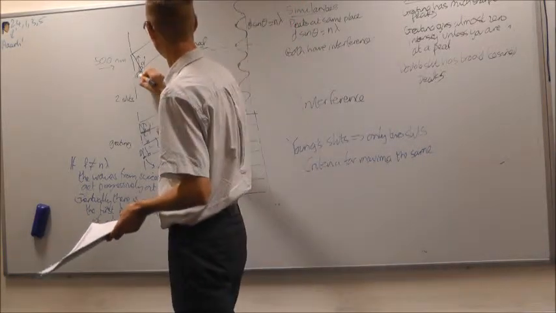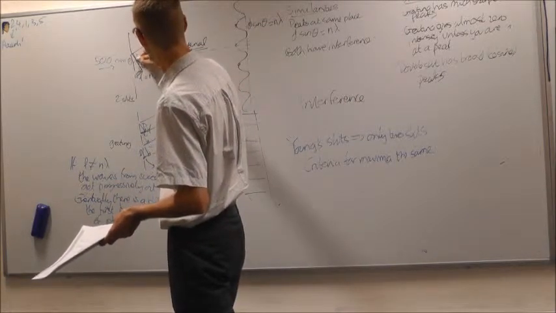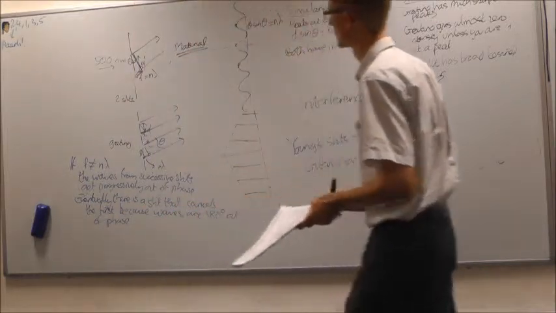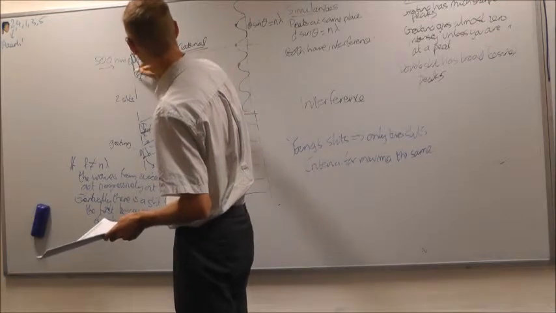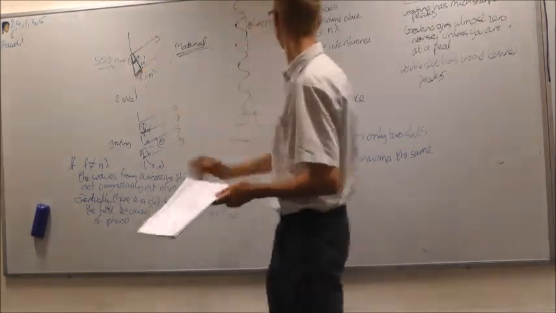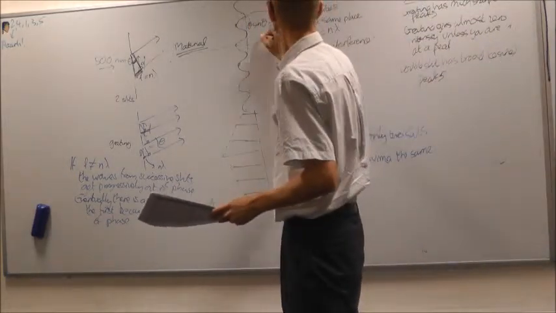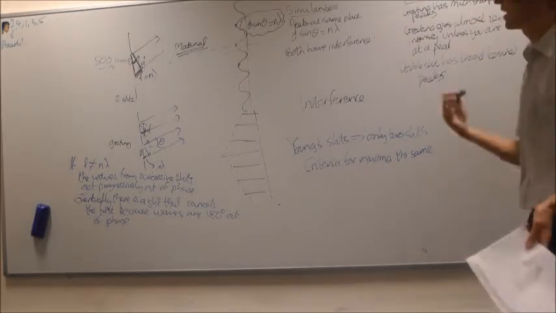This distance L, of course, is d times the sine of that angle. Sorry, that's not d. This is d. d times the sine of theta here is going to be equal to that distance there. So d sine theta equals n lambda.